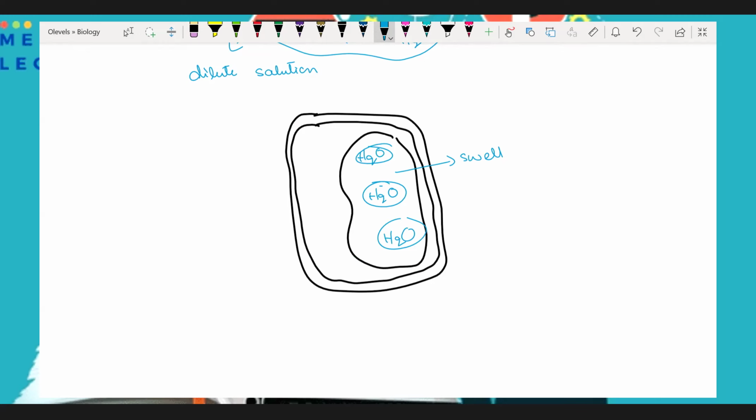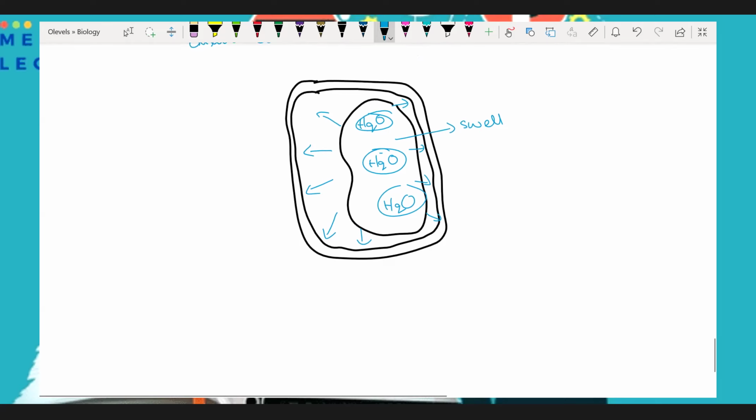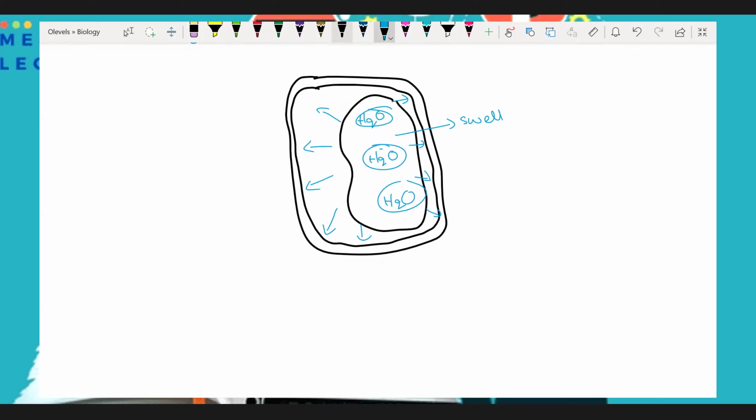And then it's going to push the cytoplasm because now it has increased in size. Due to the immense abundance of water, it is going to push the cytoplasm against the cell wall, right?